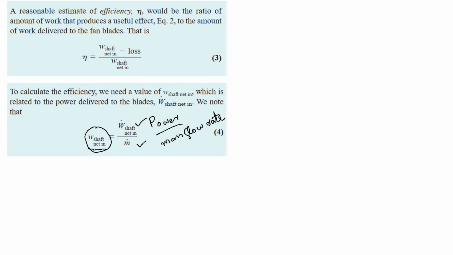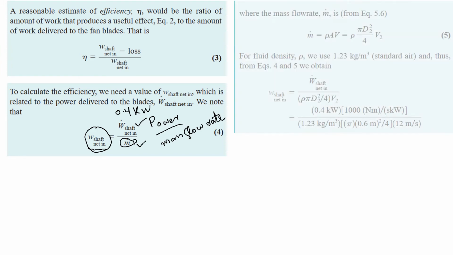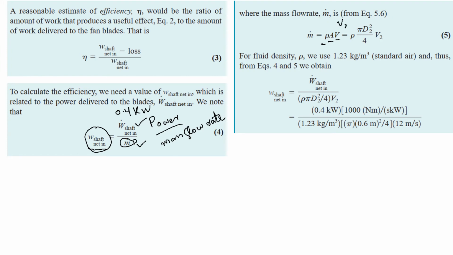I know the shaft power from my statement, that is 0.4 kilowatt. What I need to do is to find the mass flow rate in this particular case, and my mass flow rate will be equal to these terms. So my m dot is rho A V, and I know the velocity at the exit V2, because at inlet V1 is equal to 0.